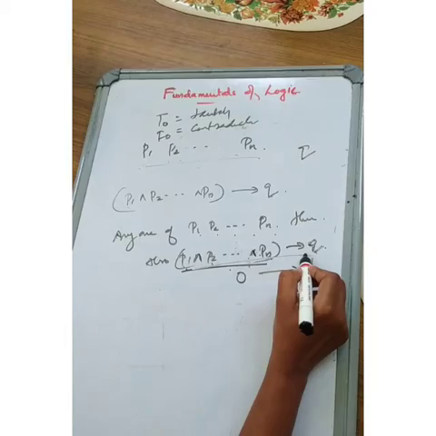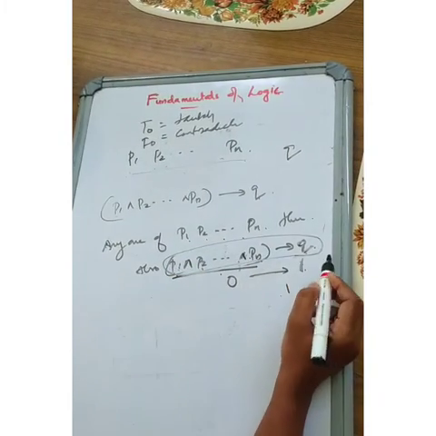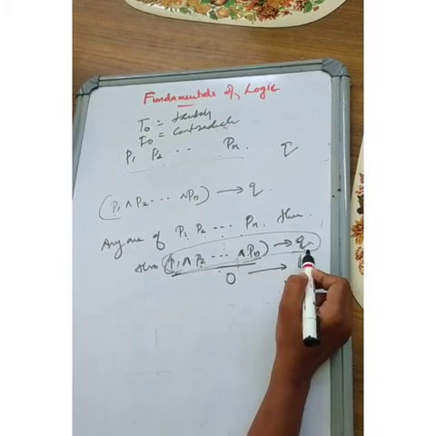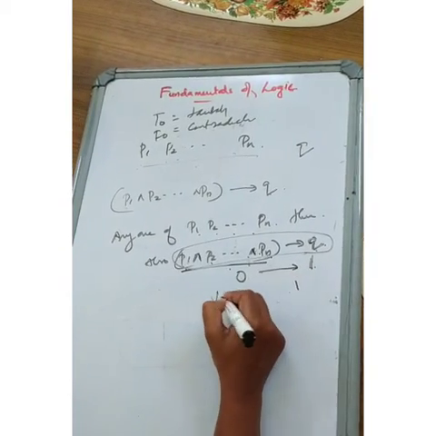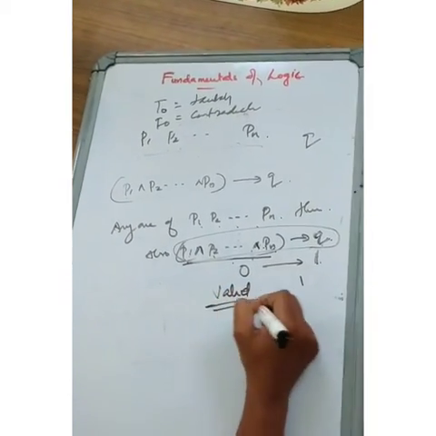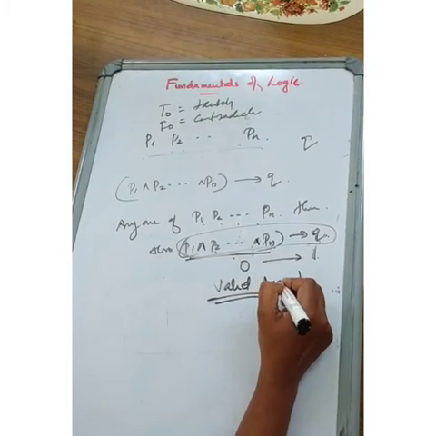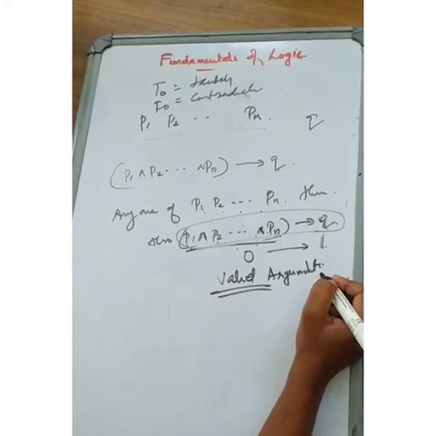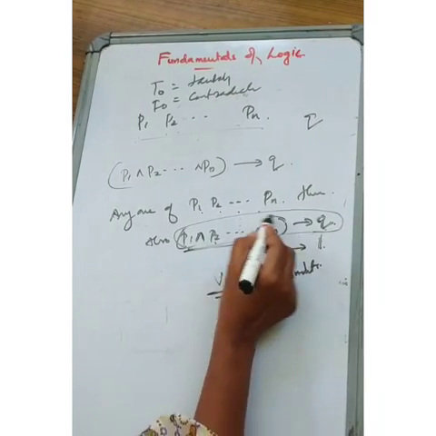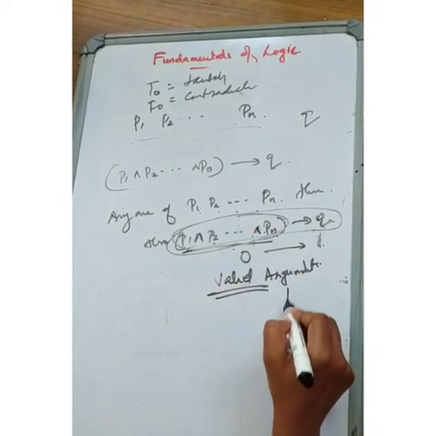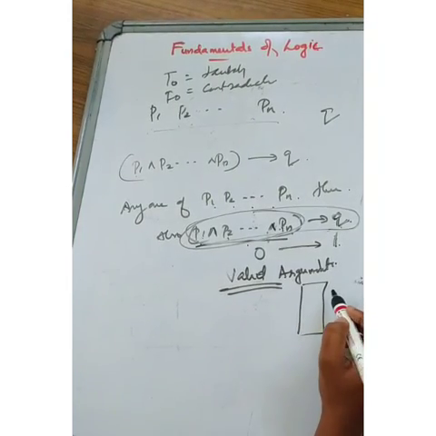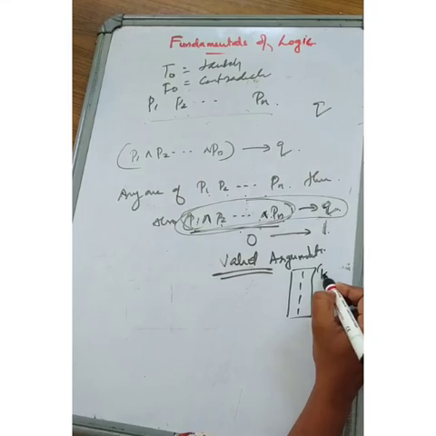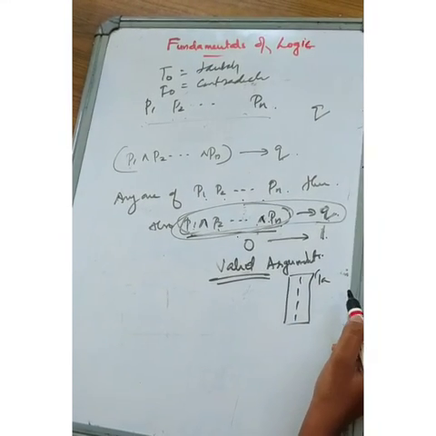So when the hypothesis implies the conclusion is a tautology, that is a valid argument. This is how we check whether the given argument is valid. Whatever may be the condition for the premises, if the final implication is a tautology, then the argument is valid.